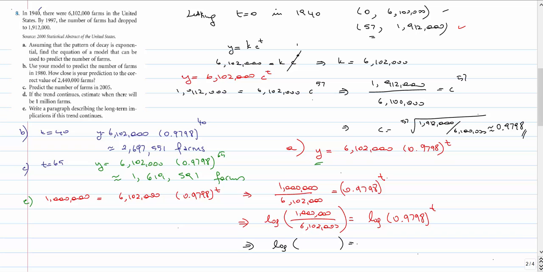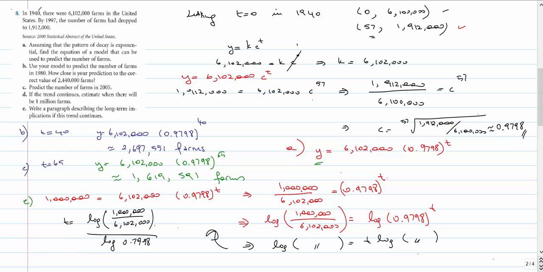I'm not going to rewrite this, t log here, and then t is equal to log of this one divided by log of this value, 0.9798.